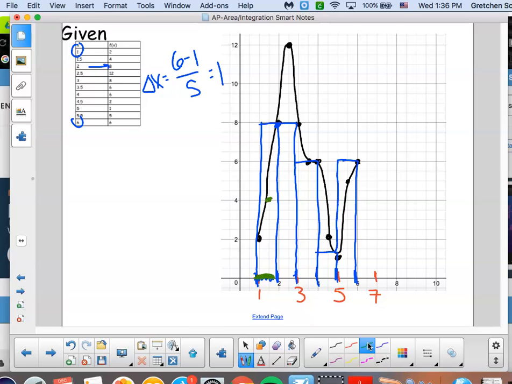1.5. Oh, I really missed that line. But this is where our second color might come in handy, so you can draw them on each other. Between 2 and 3, it'll hit at 2.5.